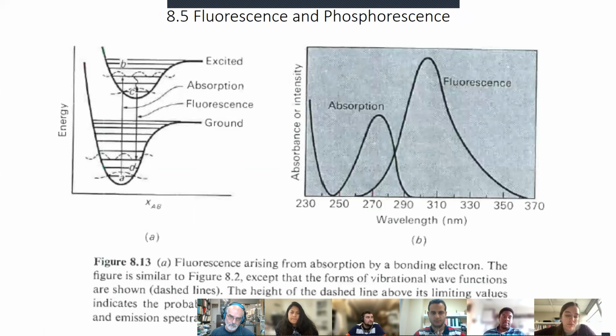Okay. Let's briefly talk about fluorescence. So in the previous figures, when there was a transition from ground state to excited state, the energy going from A to B was what you observed.